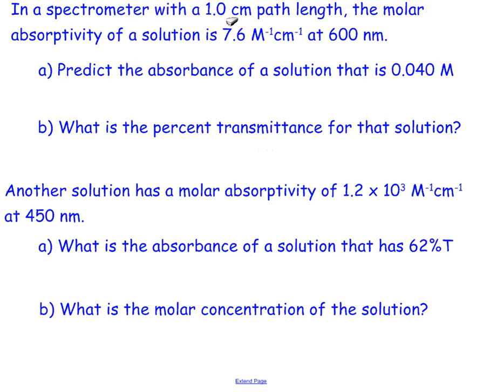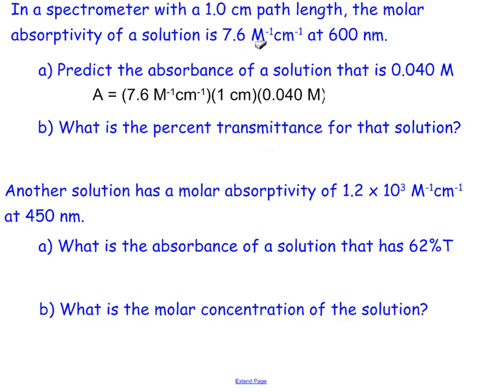Here, I have a spectrometer with a 1 centimeter path length, and other people have measured the molar absorptivity. So I want to predict the absorbance of a solution. So I know that the absorbance is A equals epsilon times b times c.